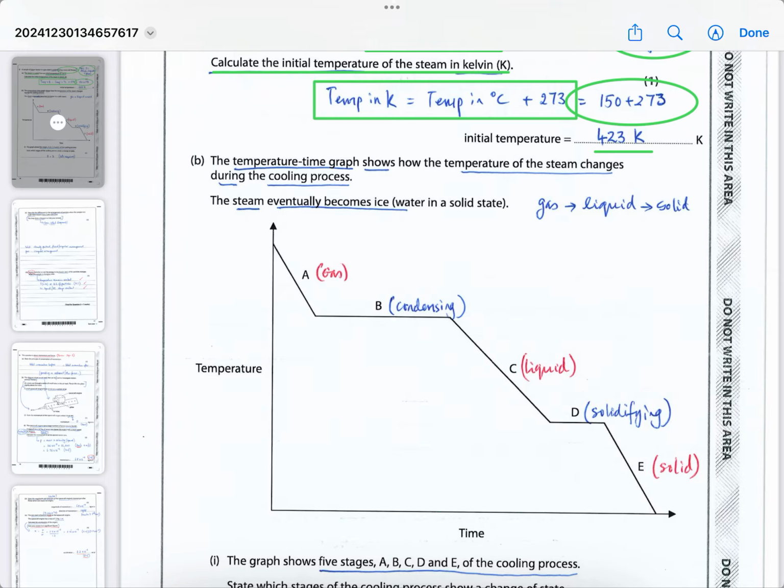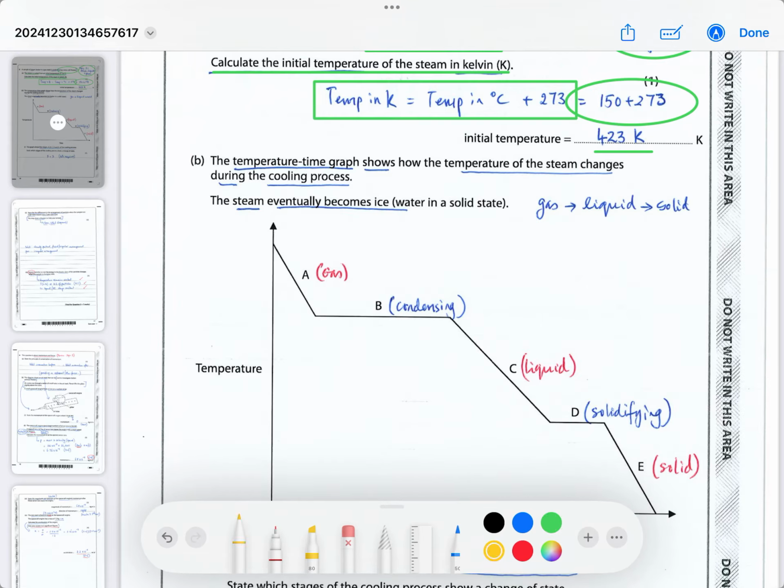It starts off as a gas, then we have a change of state called condensation, and it changes to a liquid as you remove thermal energy from the particles that make up the water. So water in different states.